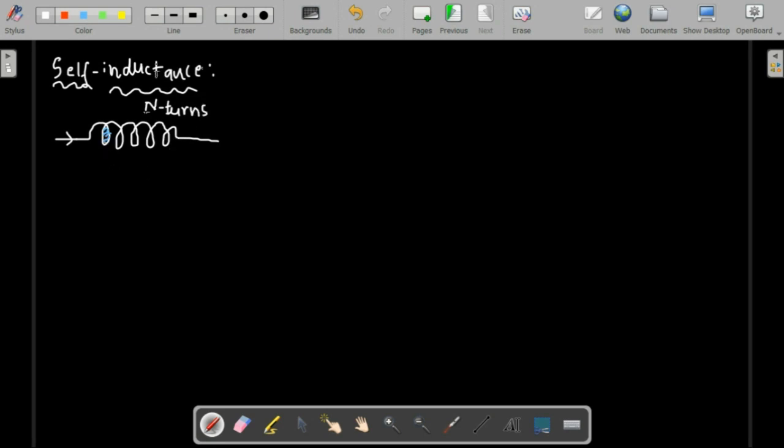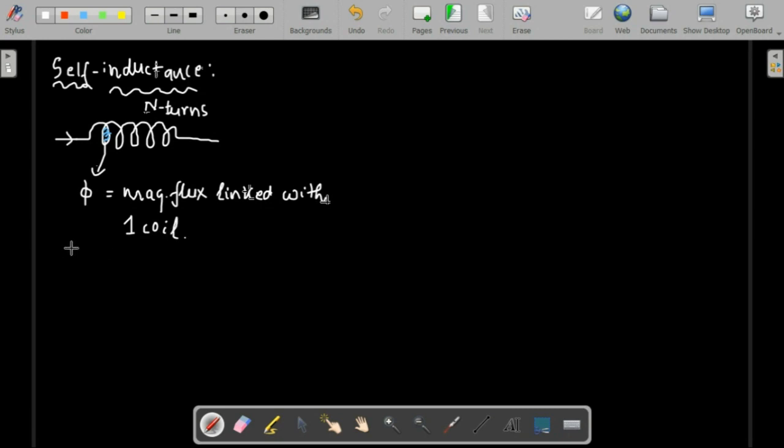And there are total N turns. So you will basically have a flux because of this one loop. So I can say this is the magnetic flux linked with just one coil, not N coils, one turn of coil.